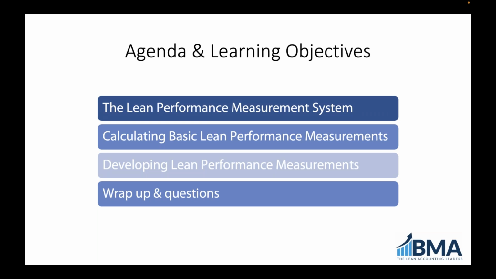webinar. I'm going to do a brief overview of what is a lean performance measurement system. Then at the end, I'm going to talk a little bit about the linkage chart process, which is what I recommend you use to develop a lean performance measurement system.